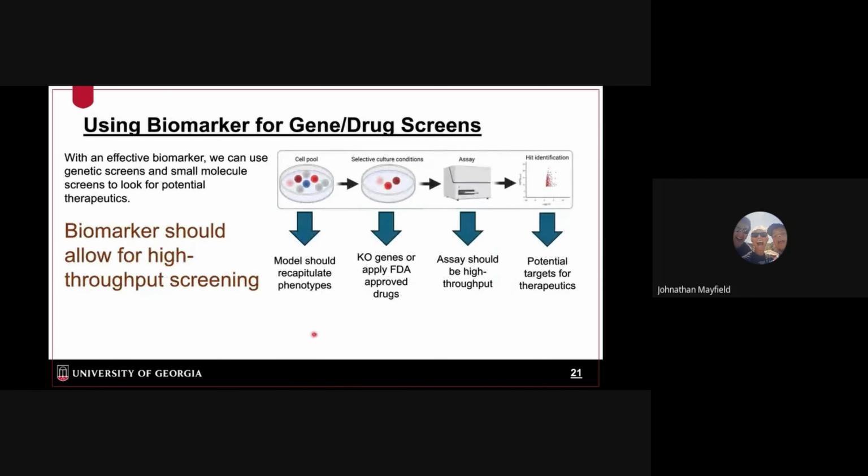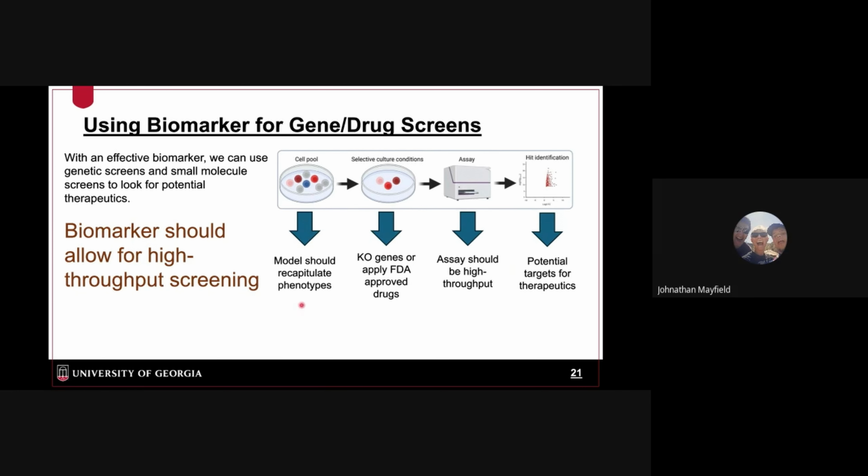So the identification of an effective biomarker is imperative toward furthering our understanding of OGT-XLID. Once we have an effective biomarker, we can use different screens to test potential therapeutics or targets for therapeutics.